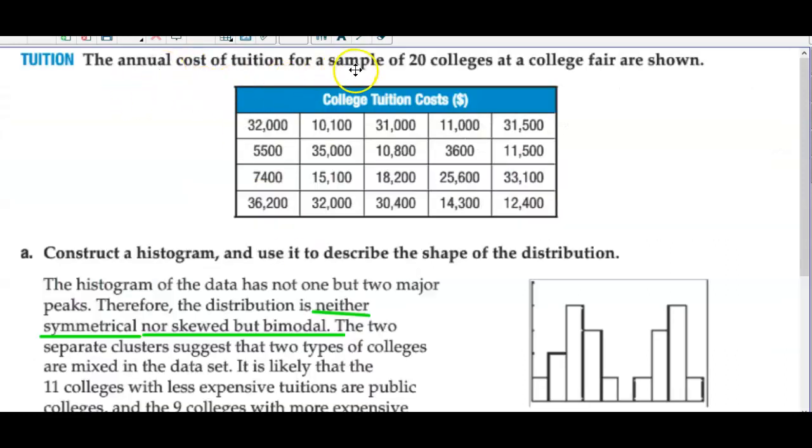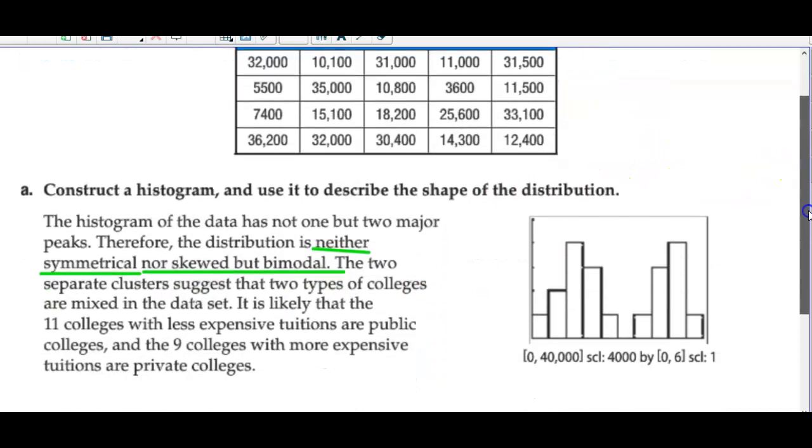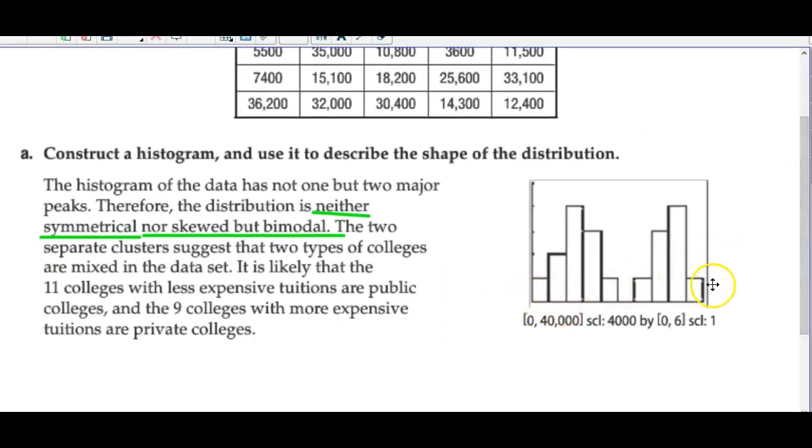The annual cost of tuition for a sample of 20 colleges at a college fair showed up this way. So they put in the data points and did a histogram, and it turns out that there was a whole bunch of data around here. There was what we would call a mode here and a mode here.